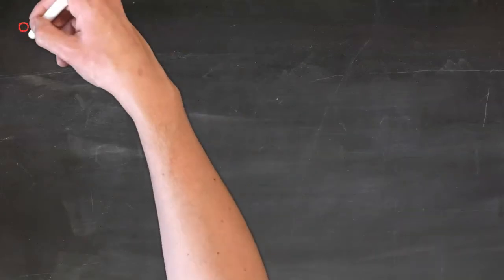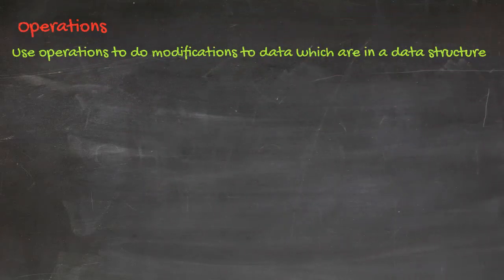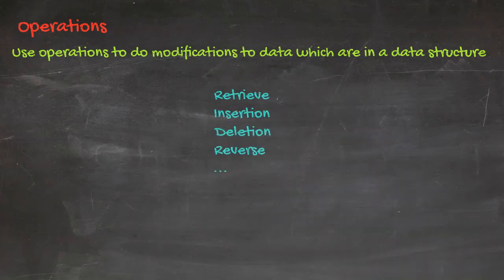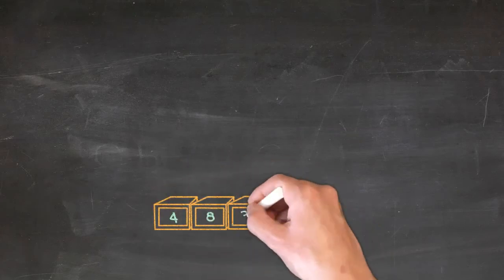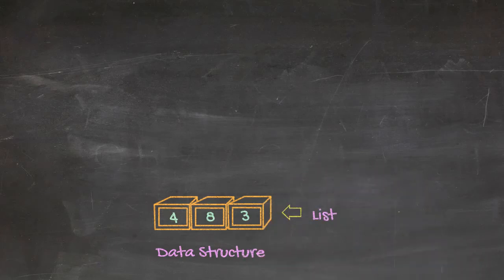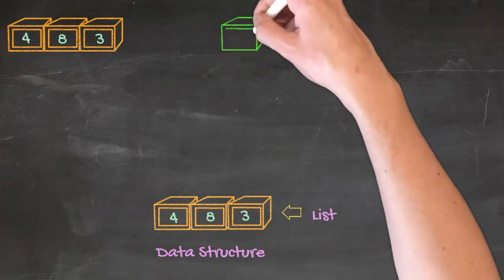Now let's see what these operations mean. We can use operations to modify a data structure's data. Retrieval, insertion, deletion, reverse: we use these kinds of operations to modify data. Let's try to understand these operations using an example. Let's assume we have a data structure like this and say it's a list, and let's do some operations on this list.